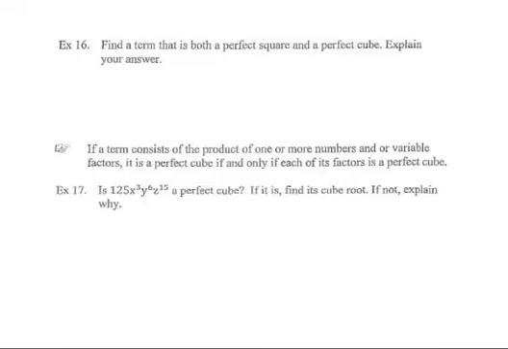16 is sort of a special question. It says, can we find a term that's both a square and a cube? Well, for it to be a square, it has to be divisible by 2. For it to be a cube, it has to be divisible by 3. So, can we find an exponent that's divisible by 2 and 3?